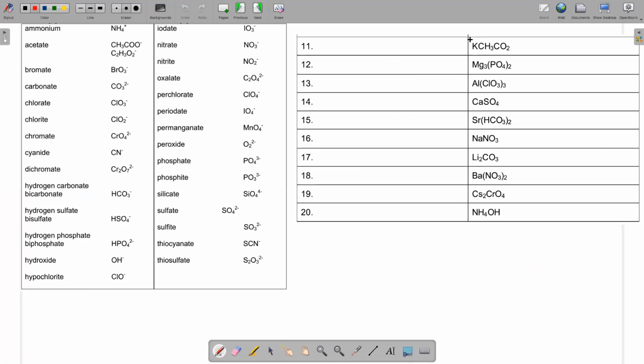So oftentimes you can just look at the first element and see if that's a metal that appears on the periodic table. And it turns out that for all of these, the first element is the cation, and then there's a polyatomic anion. The only exception is down here, this NH4OH, this NH4, that's the ammonium cation.